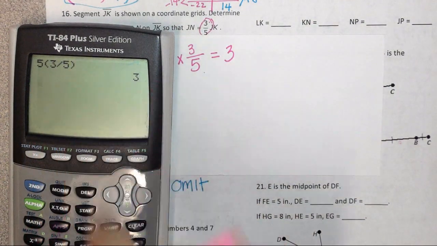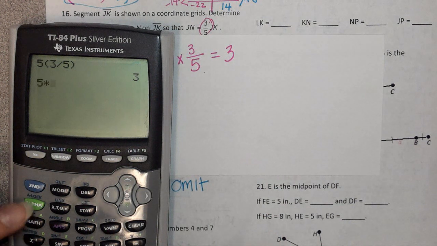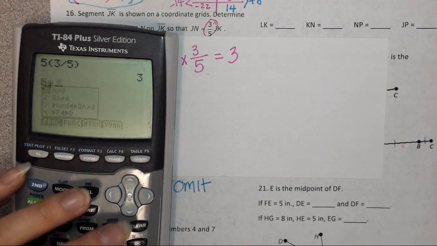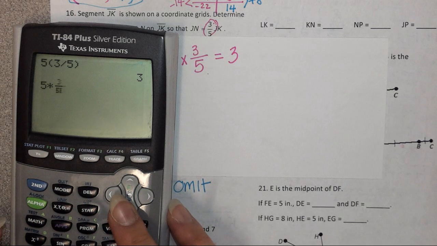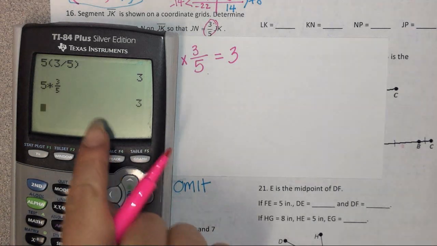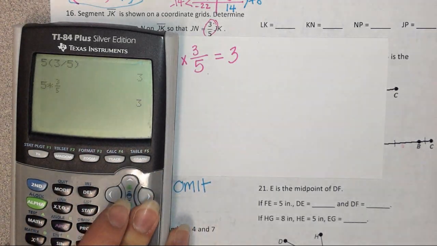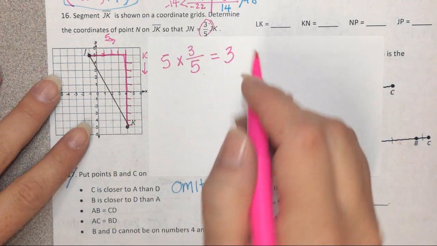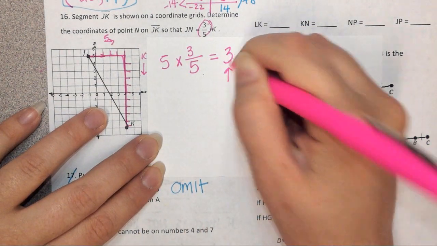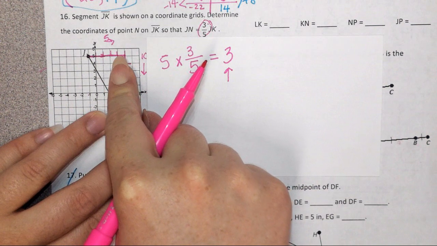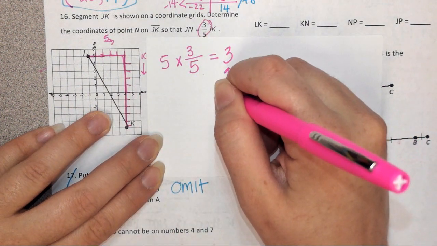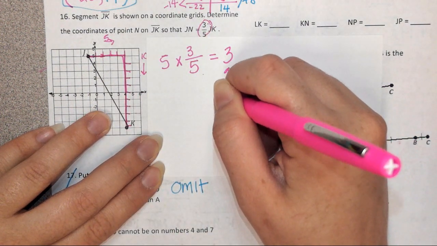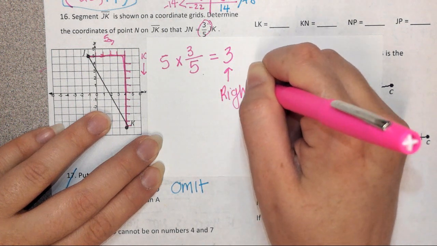I prefer to just do it in parentheses. You can also press alpha y equals and type in the 3/5 fraction and get the same answer. So what this means is that instead of running 5 to the right, the new coordinate is going to go 3 to the right.